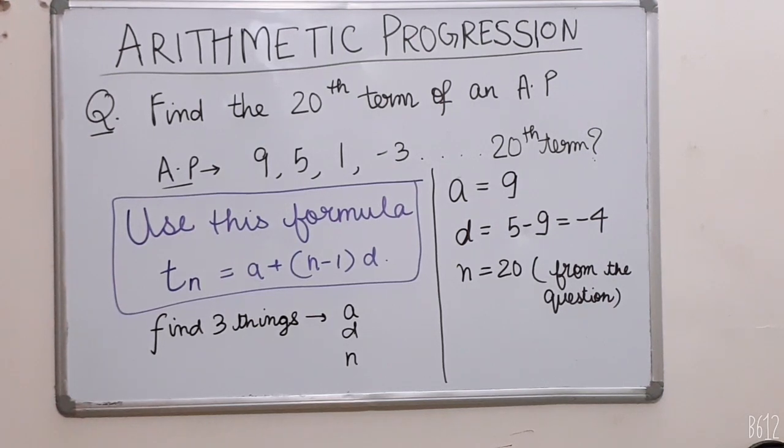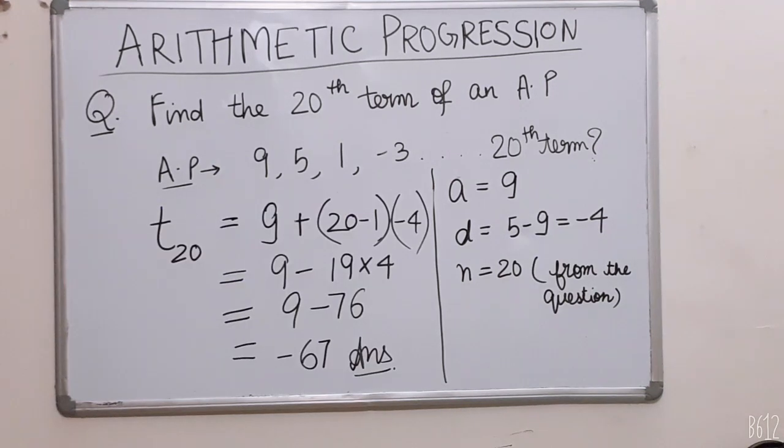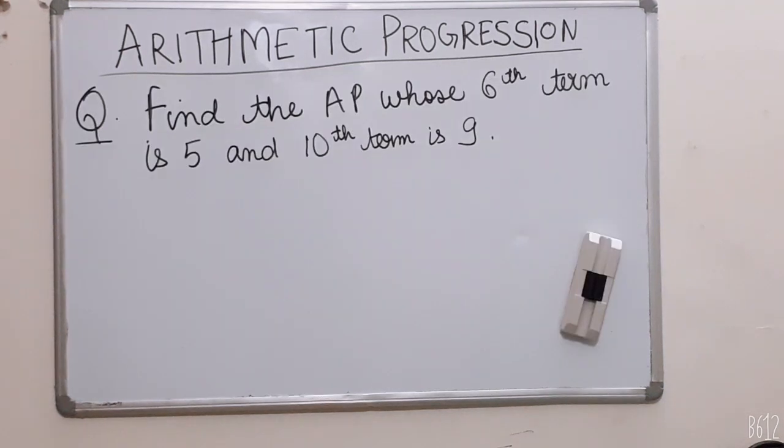So you will put this in the formula and then we will get the answer. When we put all those values in the formula, we get our final answer as minus 67. You all can check your answers, and if your answer is coming wrong, then go back in the video and understand the concept once again. Let's do one more question, then we will move ahead.